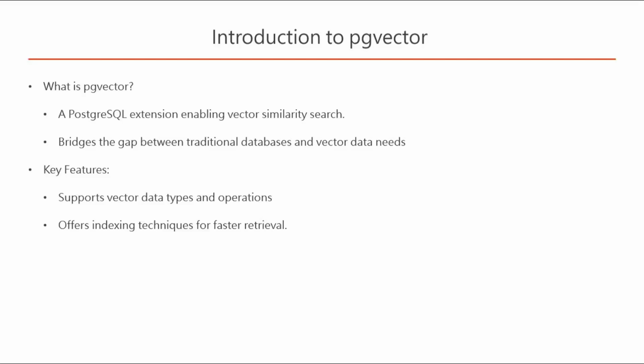The key features of PG vector are supporting vector data types and operations. I'll say again, this is very important: PG vector lets PostgreSQL support vector data types and operations. And second, it offers indexing technologies for faster retrieval, and we will talk about that later.